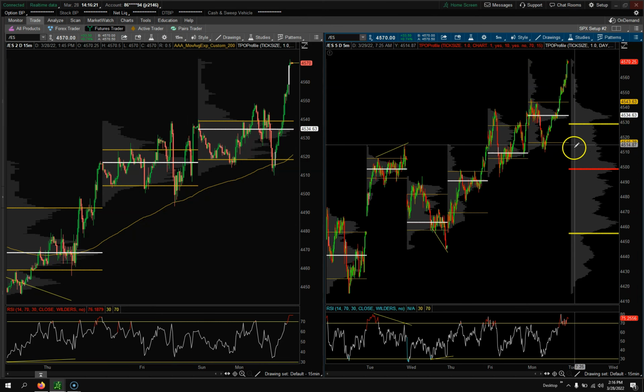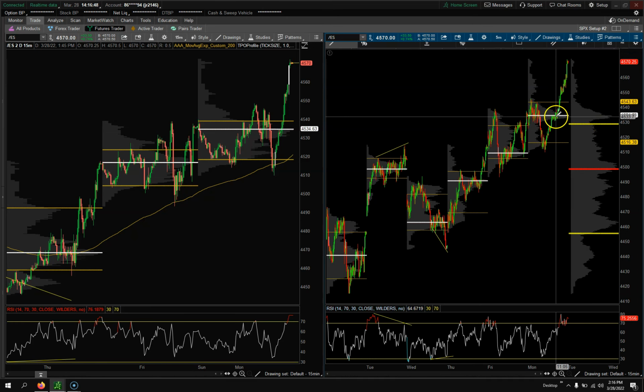What you're looking for on the 5-minute, as we fall, maybe for confluence, is the point of control that we had today. I'm doing this after hours. But we also have the value area high on the last 5 days. This is kind of a bigger picture, but look at this high volume node right here.